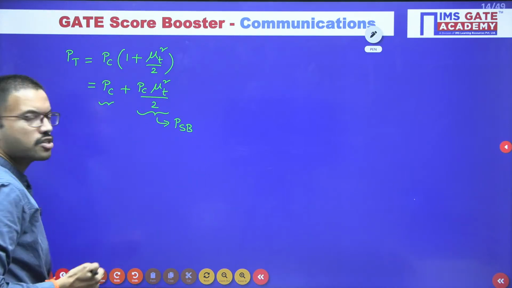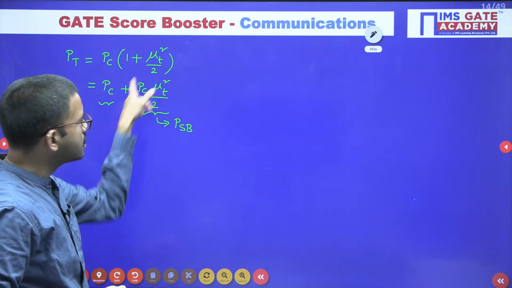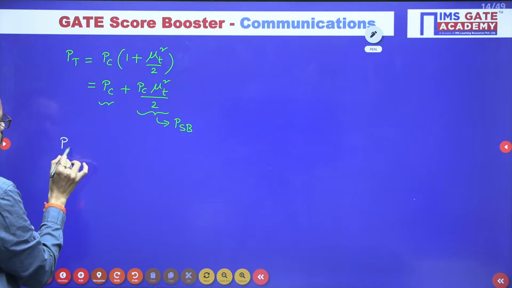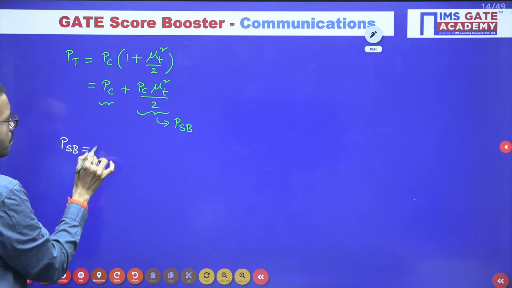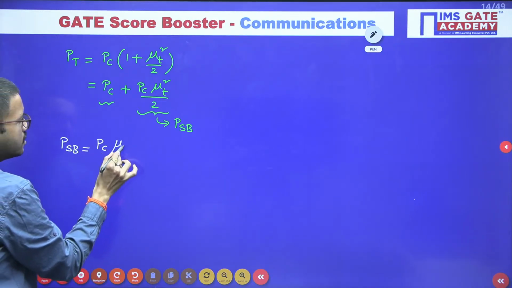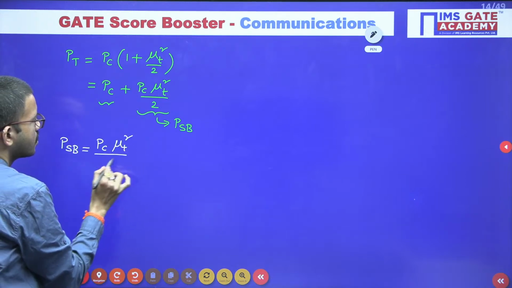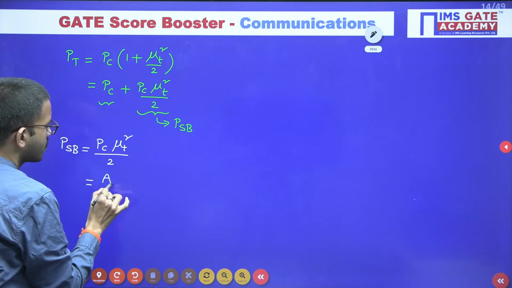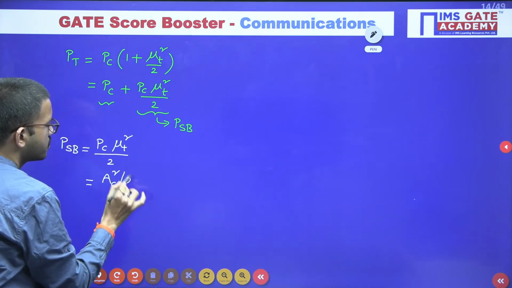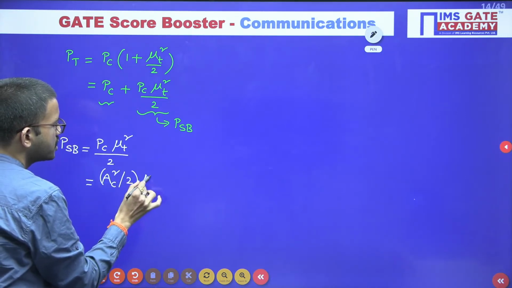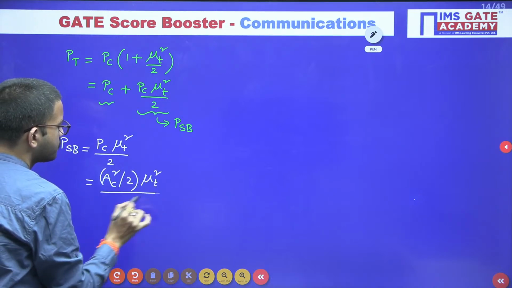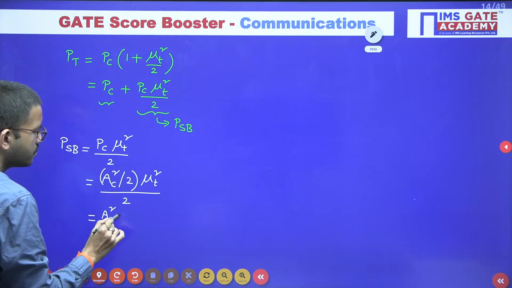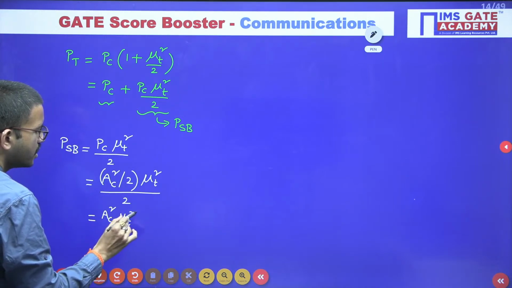Now in the question they are asking for the total sideband power, so we have to consider this particular term. So the total sideband power equals Pc mu t square by 2, where Pc is nothing but Ac square by 2. So Pc is Ac square by 2 into mu t square divided by 2. From here you get Ac square mu t square divided by 2 into 2.